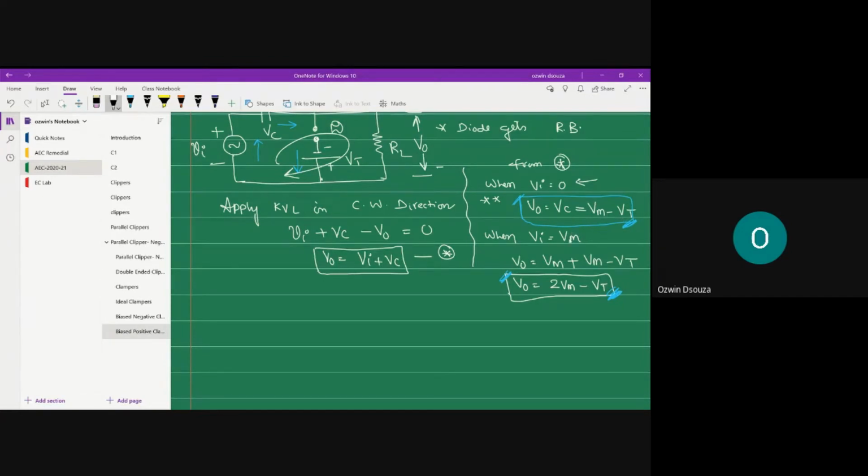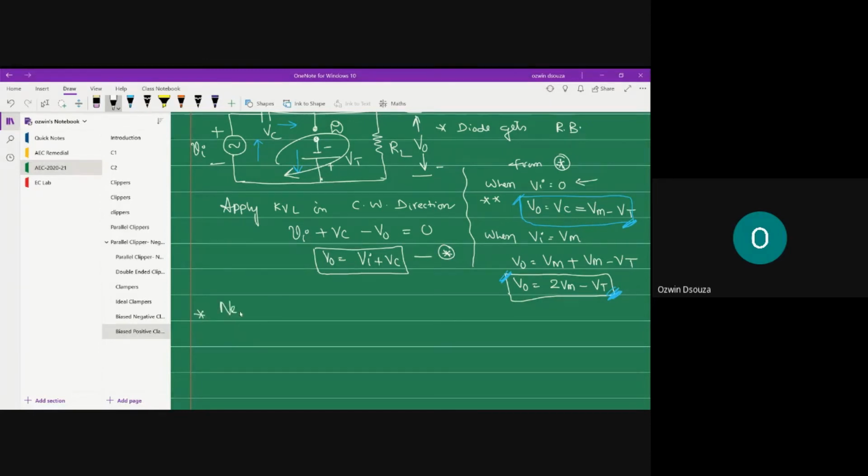Similarly, when your input is at its maximum value Vm, the output positive peak is being pushed to a different level, which is 2Vm. So basically what is happening in case of positive clamper is that the wave is getting shifted in the upward direction, and in that sense we call it a positive clamper. Let's see what happens to the negative half cycle.